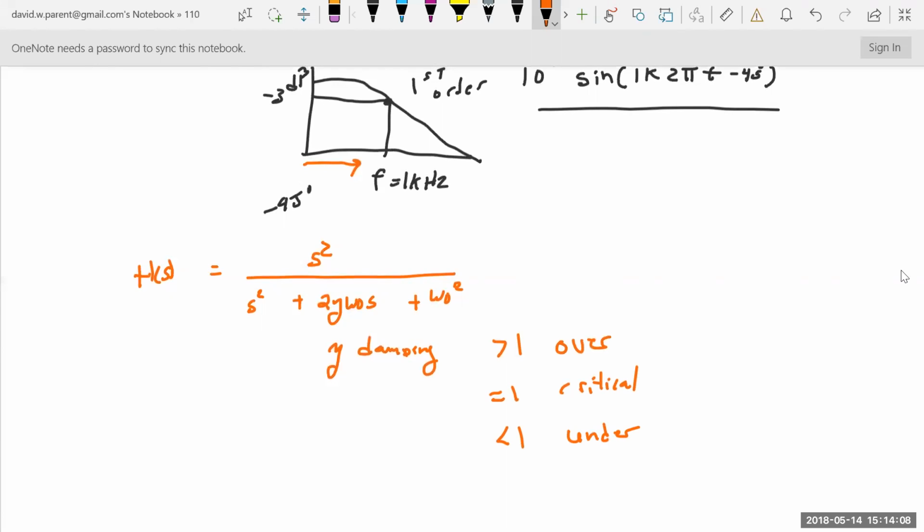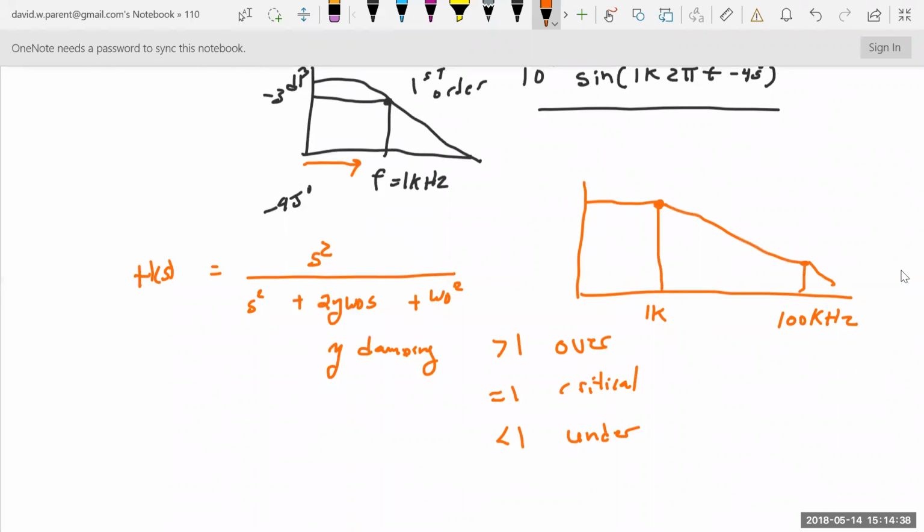But imagine, if you will, I'm going to put a pole at a kilohertz and even at 100 kilohertz. Okay. So I'm going to have a break and then a break, right? Oops, I got to get rid of that.